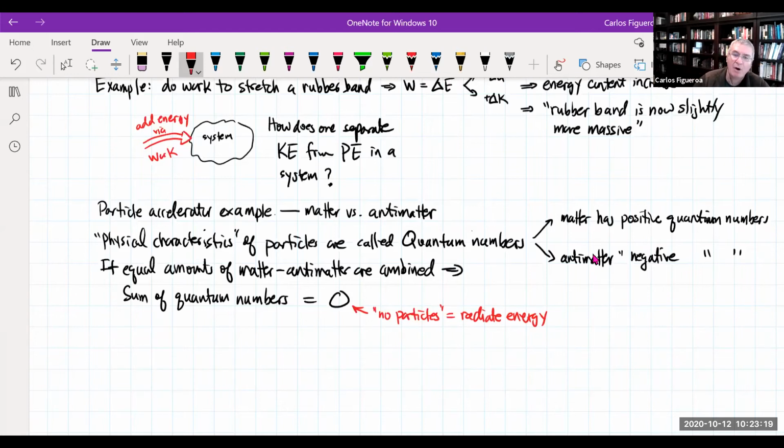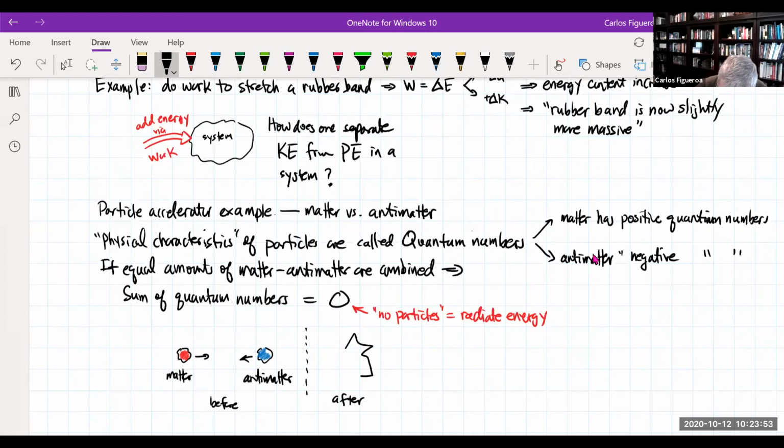So what happens in a particle collision here? What happens is that you have two particles. Let's say one is red, one is blue. They're both moving towards each other. So here I got matter, here I got antimatter. And so if this is the before, when these guys actually collide here, you literally get a region of high energy density.